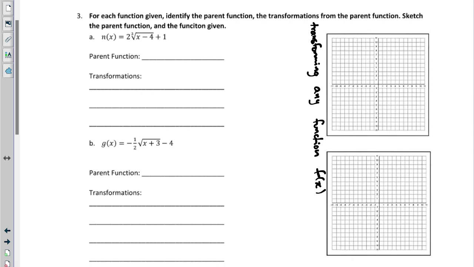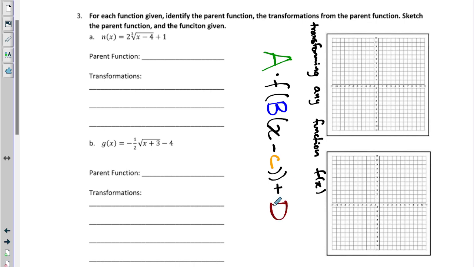The first thing we can do is throw a big old A in front, and then we're going to multiply by our function f of b times, in parentheses, x minus c, and then close that off, plus d.